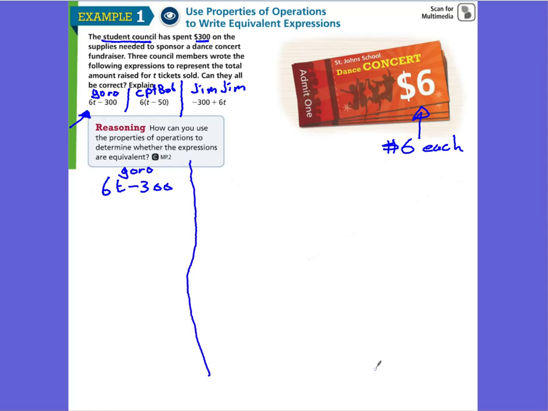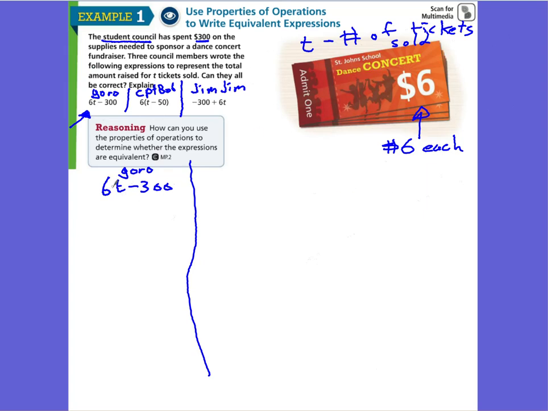So we can see here that this is kind of like the expression we just made for the dog food, which we've got 6 times t, where t must be the number of tickets sold. They define that in our paragraph here, but let's just define it over here anyways.